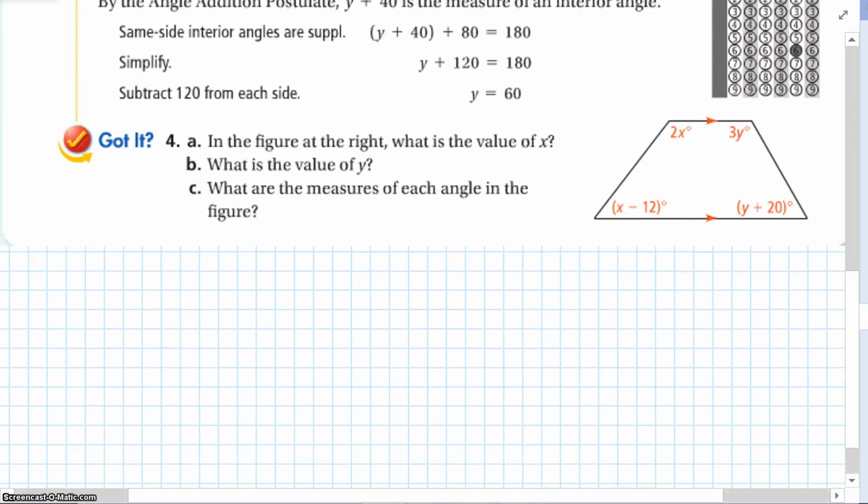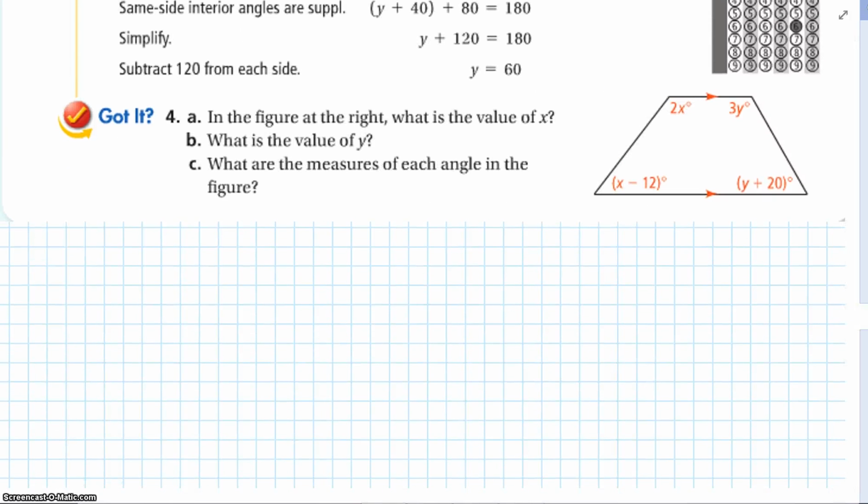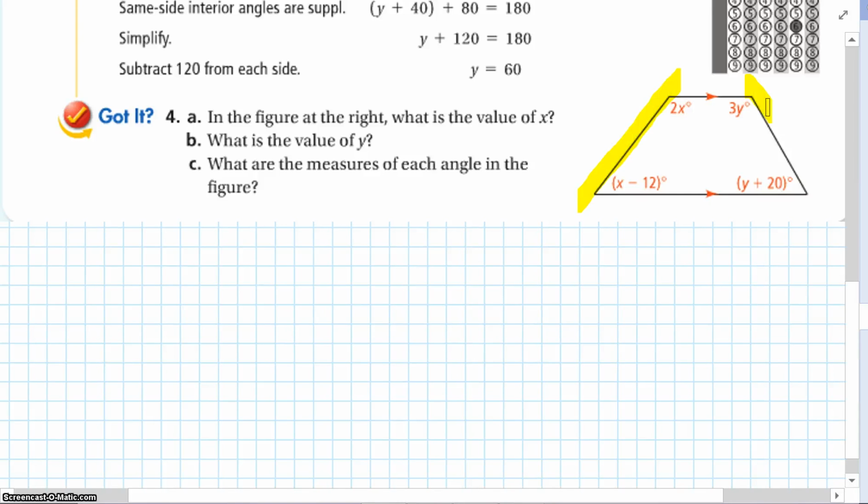Okay, so the next question says this. In the figure at the right, what is the value of x? Well, what I highlighted in yellow are the transversals, and what I highlighted in blue are the parallel lines.